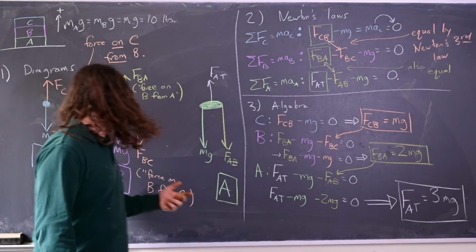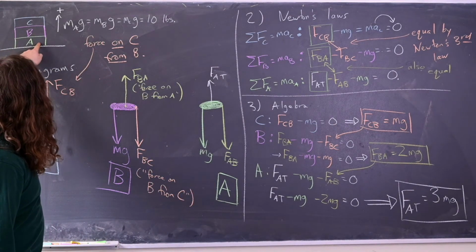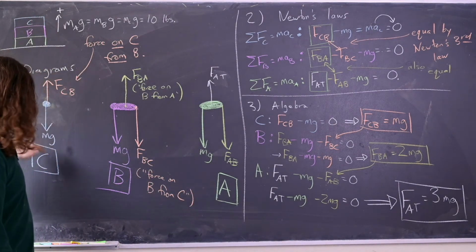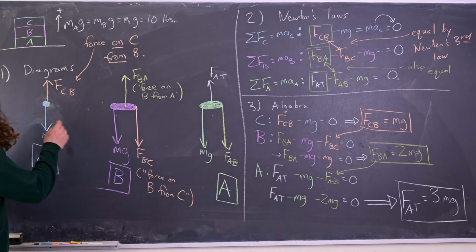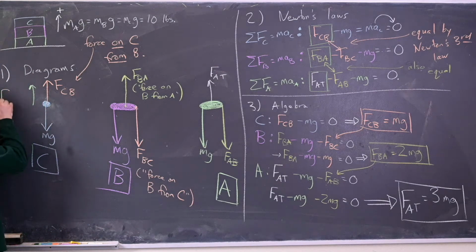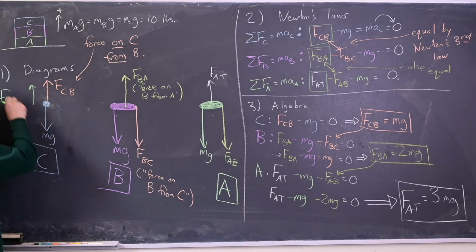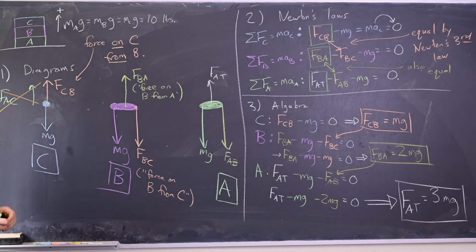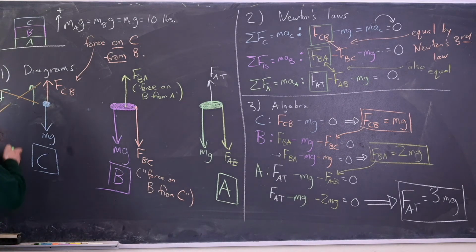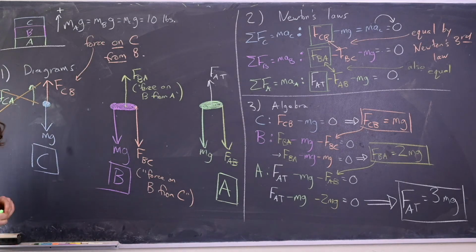Without you having to say, oh, well, I know that A is going to help hold up C, so let me put in some phantom force FAC. Nope. That doesn't exist, right? Because C does not act on A. Should be notated the other way, but yeah, that doesn't exist.